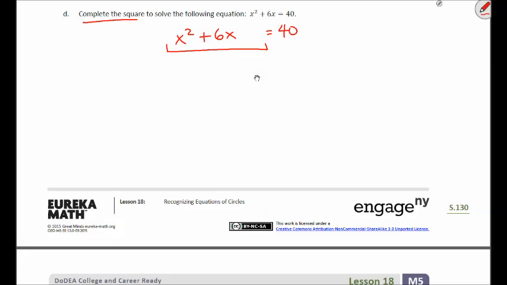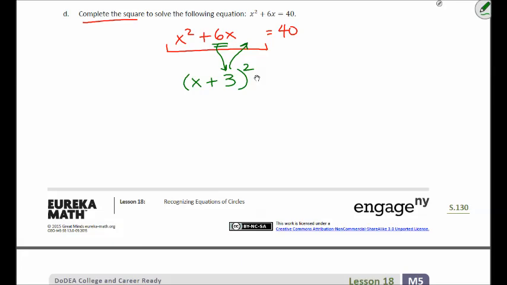All right, so we'll use that pattern we saw earlier, where I will look at half of this number. So I want the perfect square to be x plus 3 squared. That's what I want it to be, and I got the 3 from half of 6. Okay? Now, in order to get that, the number right here has to be 3 squared.